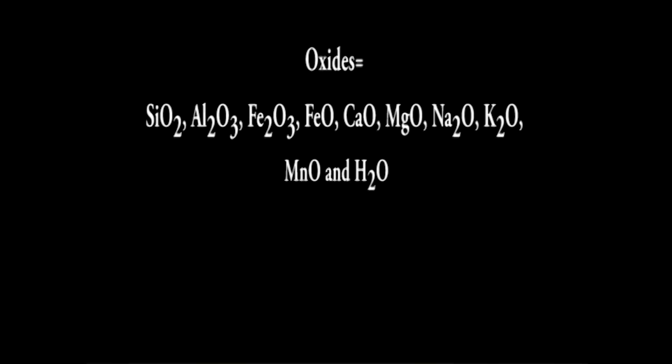The chemical composition of rocks and silicate minerals is conveniently stated in terms of 10 main oxides, namely SiO2, Al2O3, Fe2O3, FeO, MgO, CaO, Na2O, K2O, MnO and H2O.